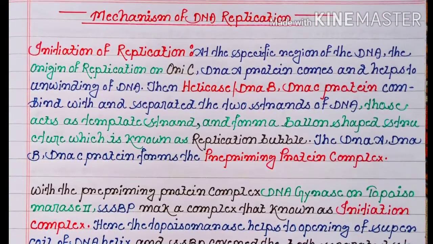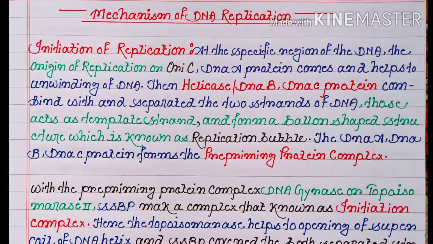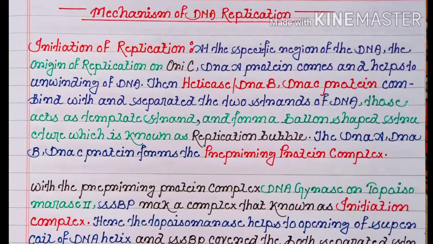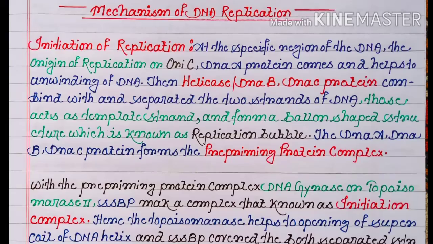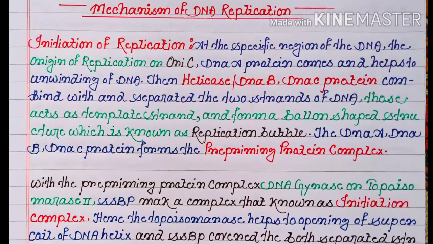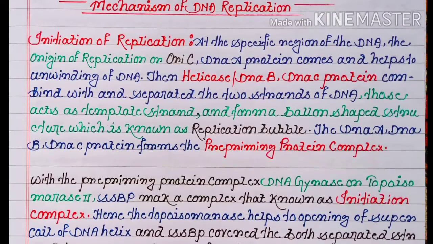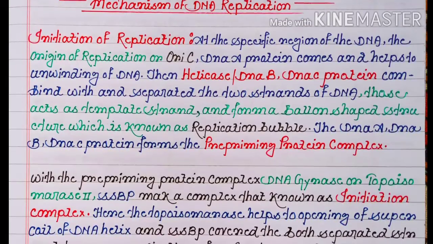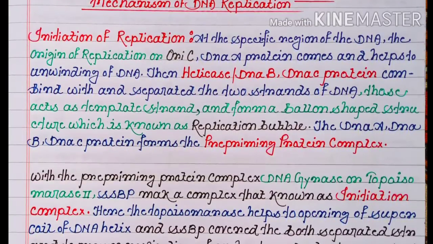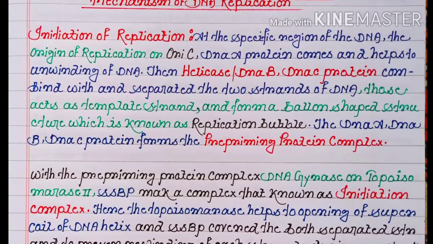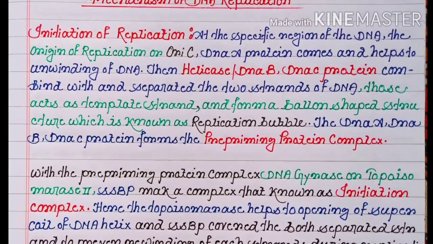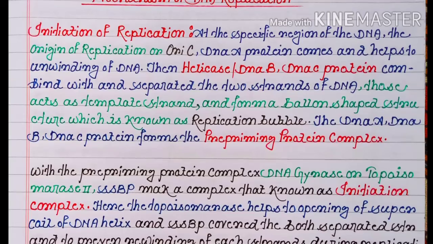At first, the initiation of replication occurs at a specific region of DNA which is known as the origin of replication, or ORIC. Here the DnaA protein comes and helps in unwinding of the DNA.